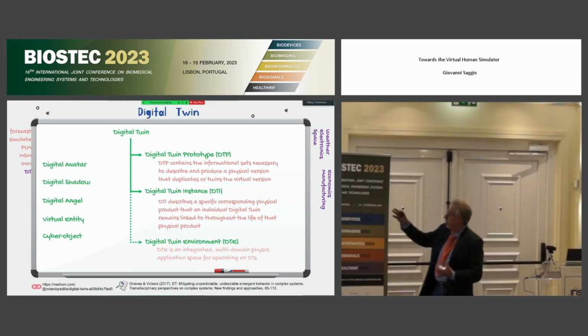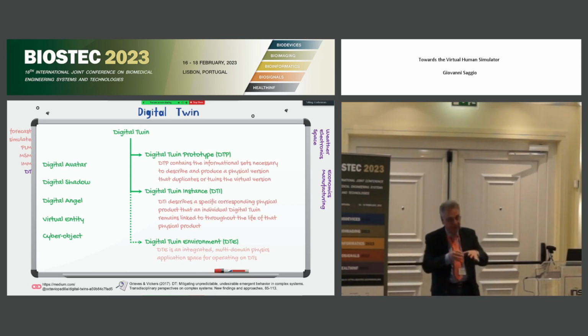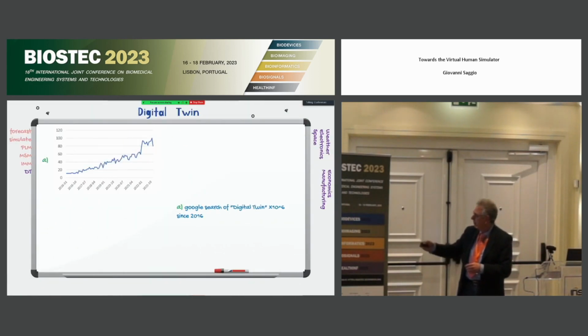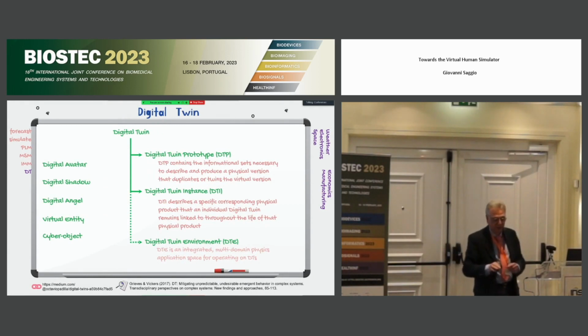And the digital twin is a really complex matter. So inside of the digital twin, we have the digital twin prototype, the digital twin instance, and so on. So the matter is really complicated to approach. But in any case, for all these things I tell you, you have the references at the bottom. So if you are interested, you can focus better on that by means of these references, okay?